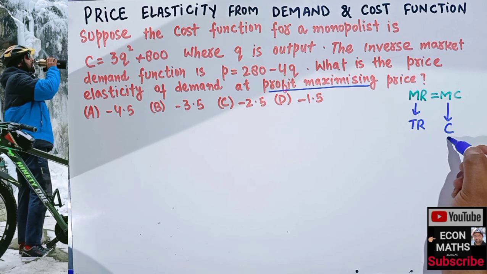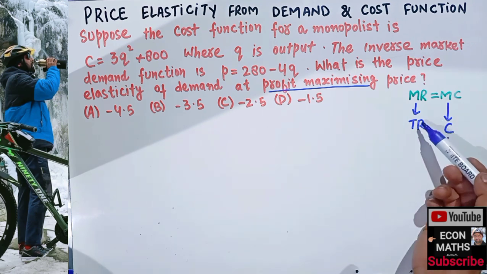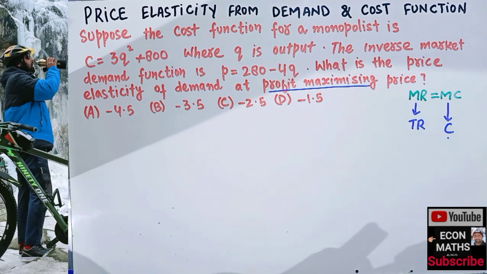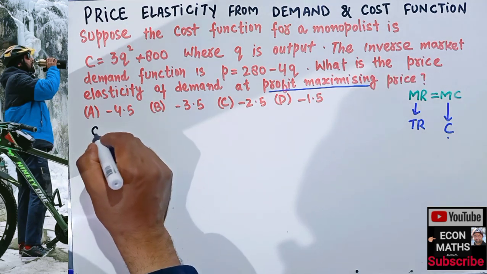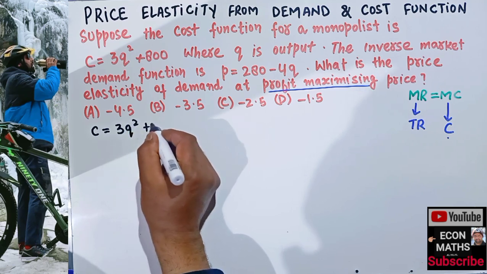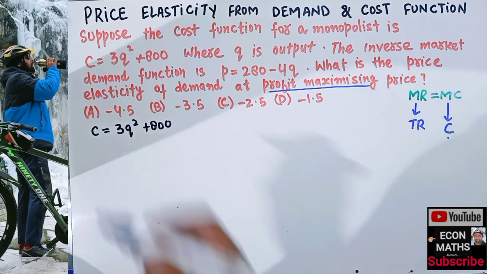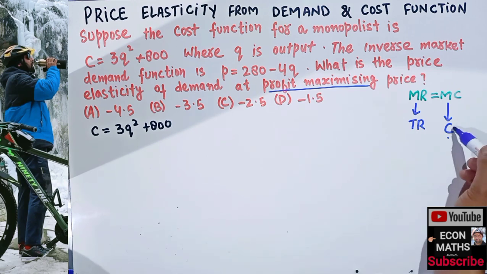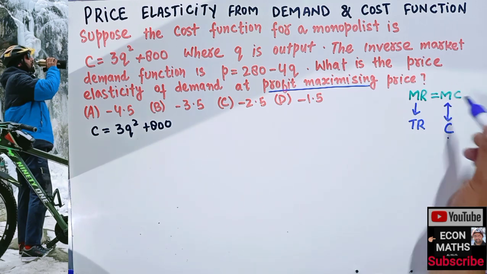The total cost function is given to us, and the total revenue function we need to first form. We are given the total cost function 3Q² + 800. From the total cost function we need to calculate the marginal cost.